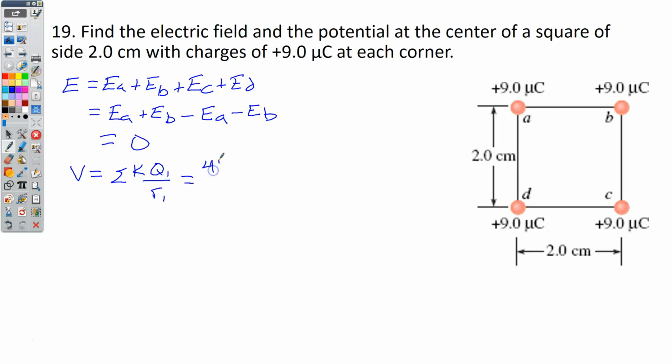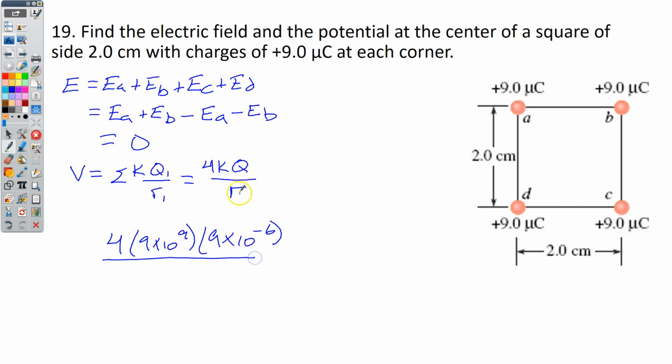So I'm going to say that's 4 times k times the charge, since they're all the same, and we're going to divide that by the distance, and all of our distances are the same. Now we're going to insert everything into our equation. So we're going to have 4 times k, which is 9 times 10 to the 9th, and our charges are all the same. They're all 9 times 10 to the negative 6th.